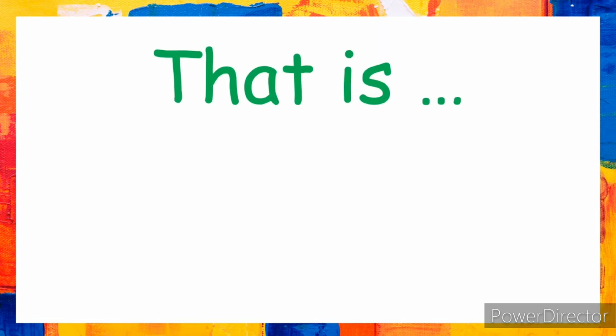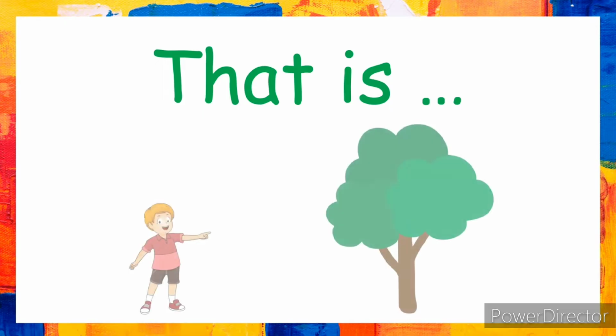We use that is when something or someone is at a distance. Example: that is a tree. That is a bird.